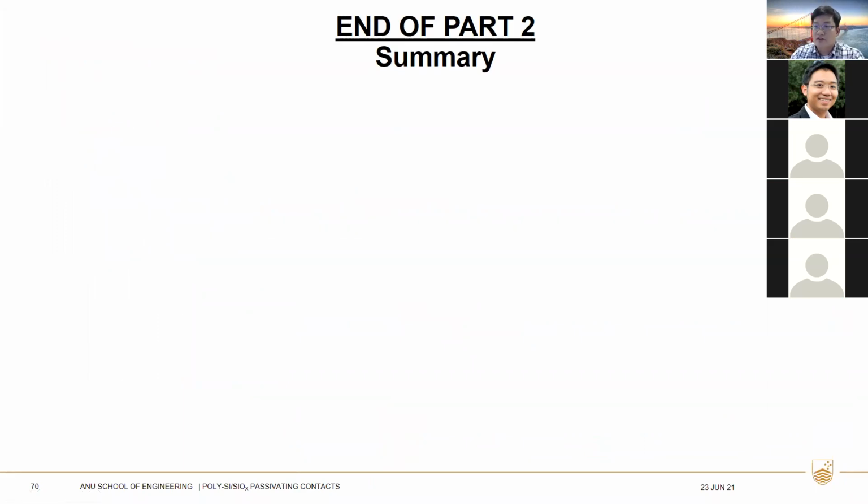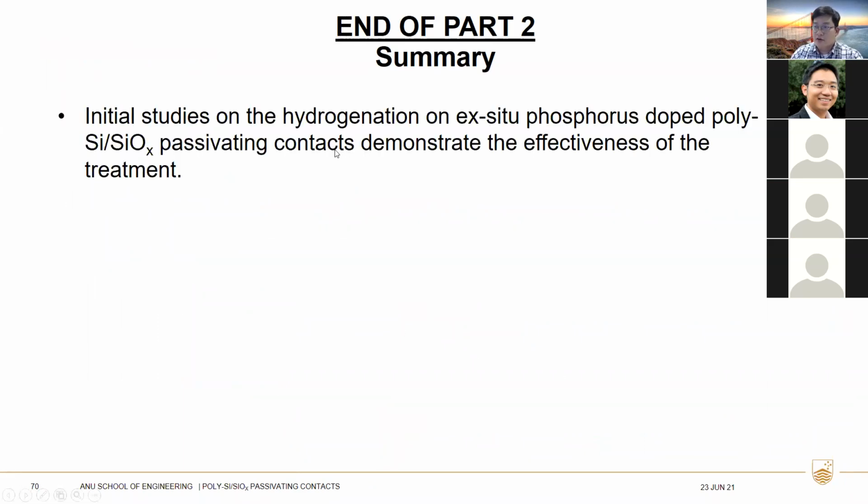Let's summarize what we got so far. Initial studies on the hydrogenation of phosphorus doped polysilicon passivating contacts demonstrate the effectiveness of this treatment.